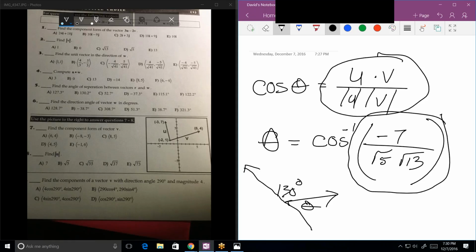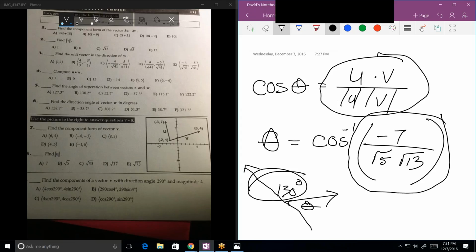Supplemental to that, 130 degrees. I think that's the standard. Just a second. Yeah, the angle between u and v is between 0 and pi. No, they do, it is 130 degrees.